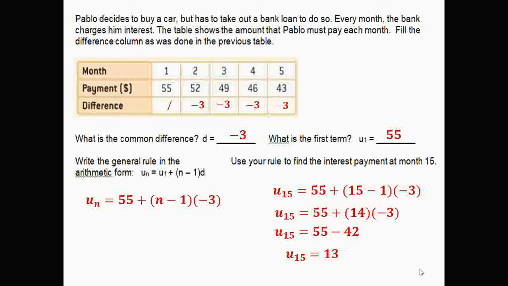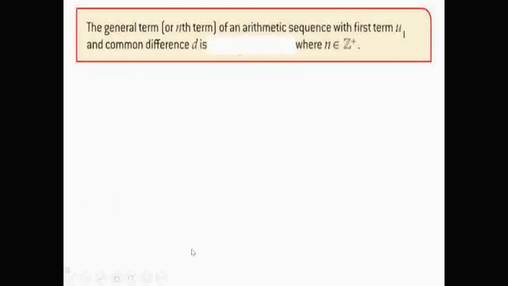Okay, so I hope you're seeing how now things that have a common slope, like things that were discussed in a context of being linear before, are still linear, but we're looking at them now in this idea of sequences and using this formula to help us find future terms, especially in applied problems like this. All right, so the general term or nth term of an arithmetic sequence with first term u1 and common difference d is given by this formula here.